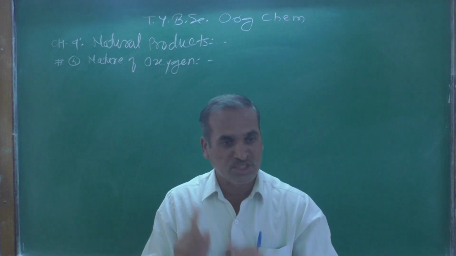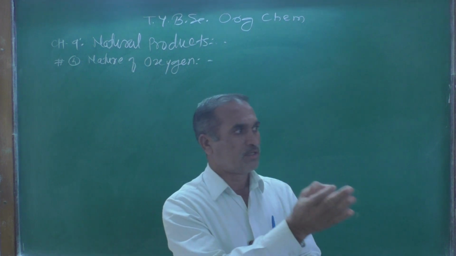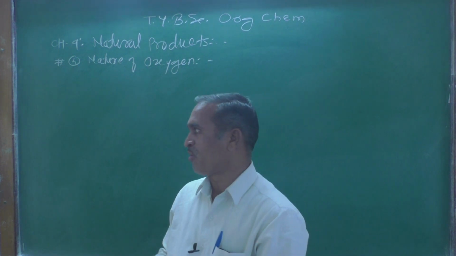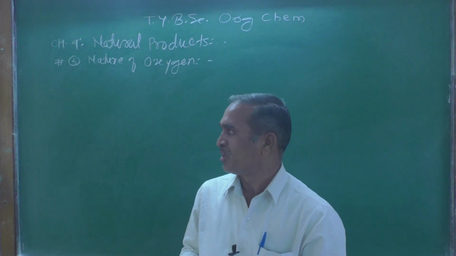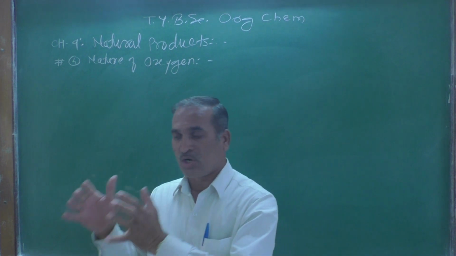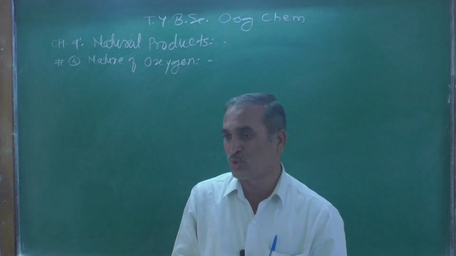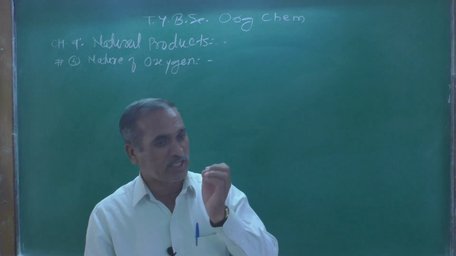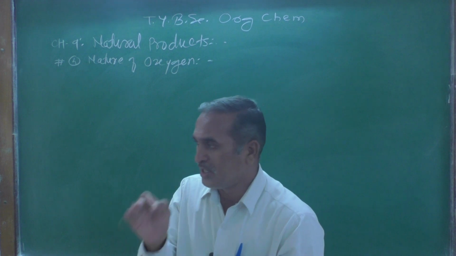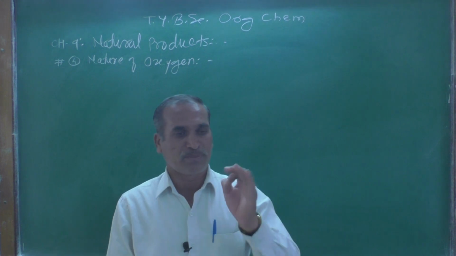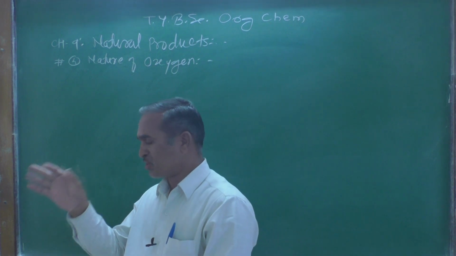The same citral, when treated with H2 in presence of a catalyst, maybe platinum, palladium or nickel, gives the tetrahydro derivative. These 2 reactions, bromination and hydrogenation, clearly indicate the presence of 2 carbon-carbon double bonds in citral.